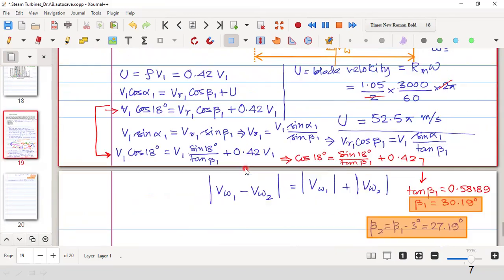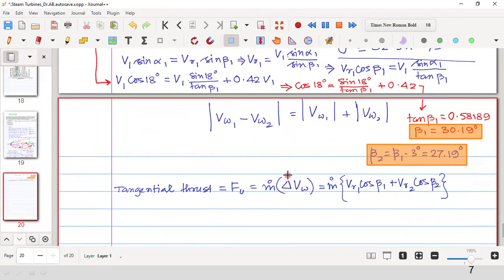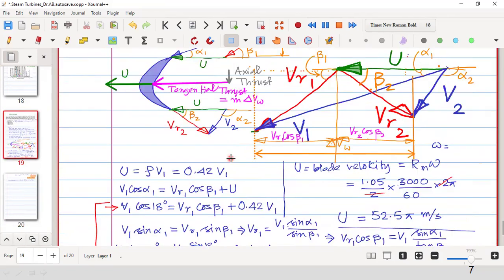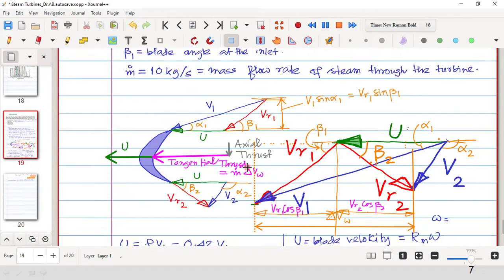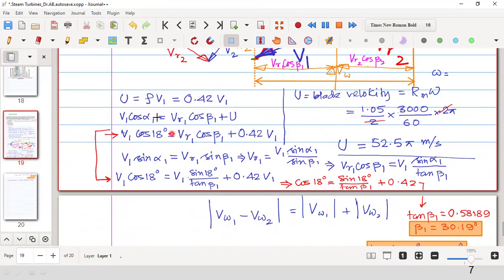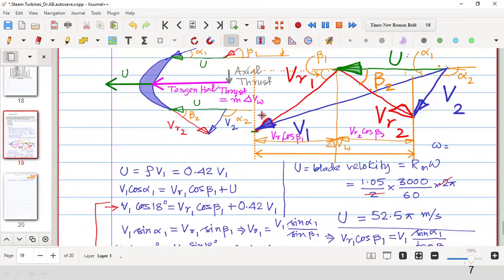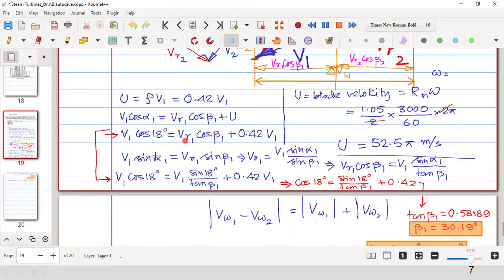Here what is known? In this term, VR1 we can determine. You see what is VR1? From this relation. This is one important relation.